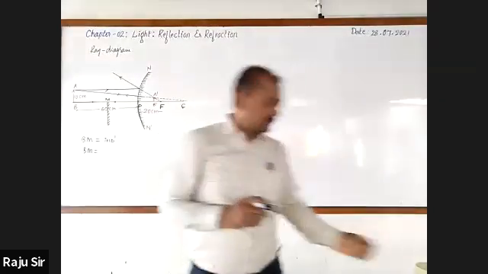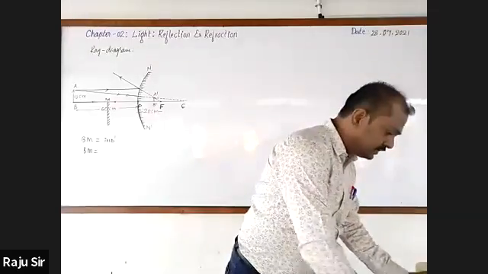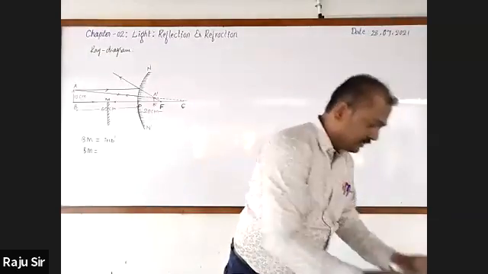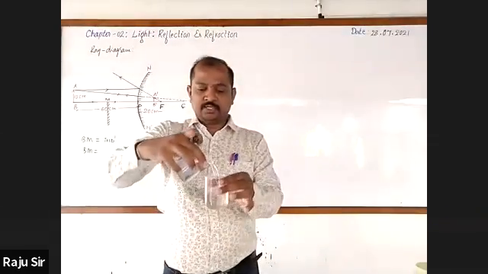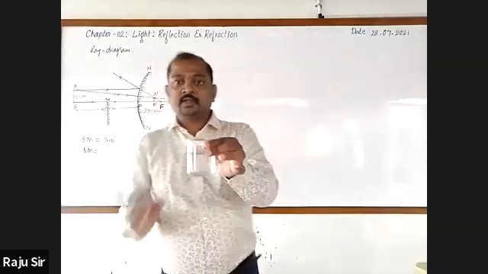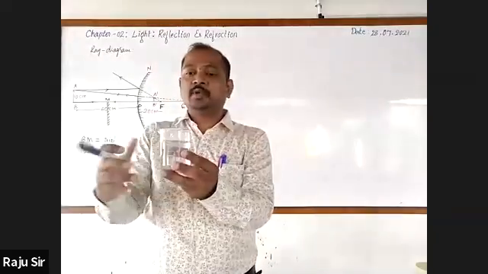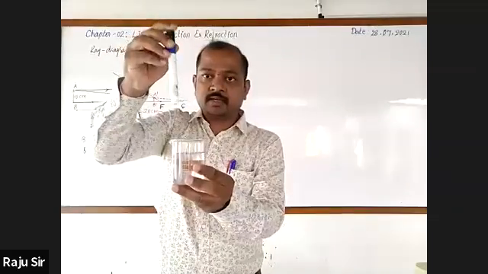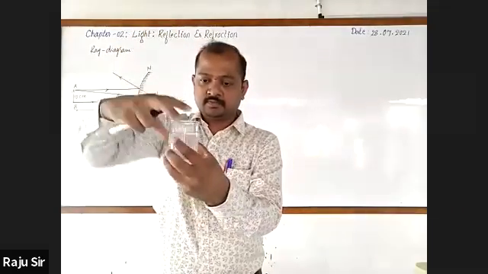Here, I'm going to give you a situation where we take some amount of water in the beaker. Next, in this beaker, I'm going to place this marker. Observe this.